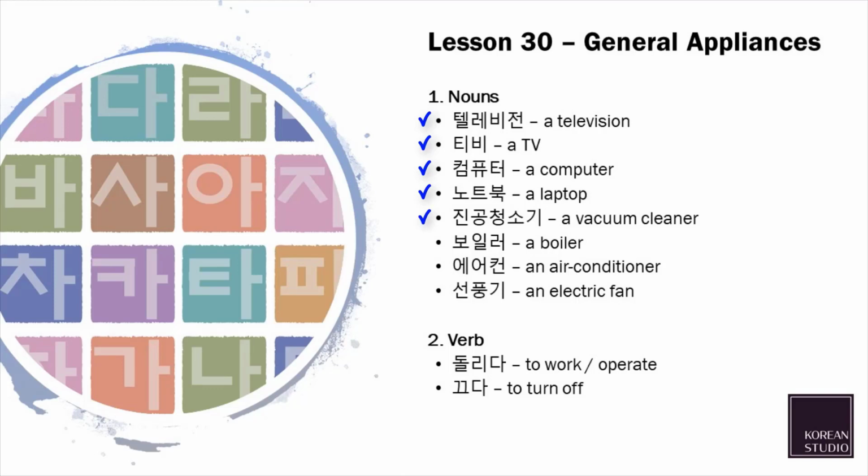And to talk about operating a vacuum cleaner, we can use the verb 돌리다. A boiler in Korean is boiler, and an air conditioner is aircon. An electric fan in Korean is 선풍기. Finally, the verb to turn off is 끄다.